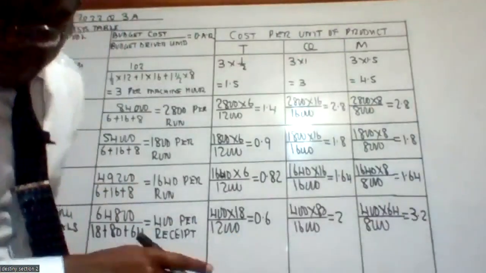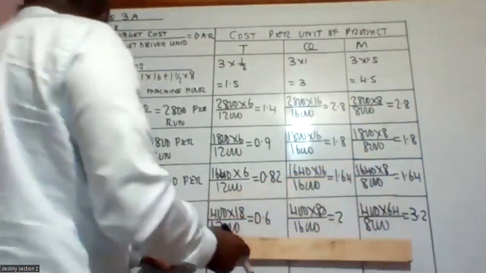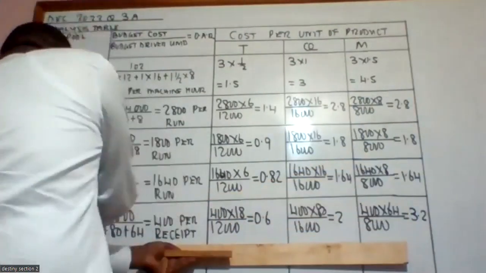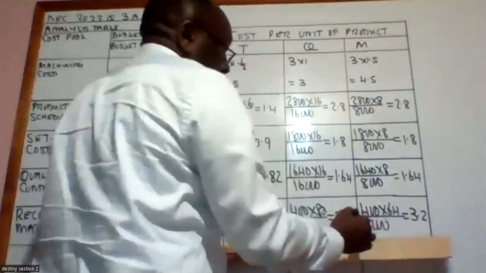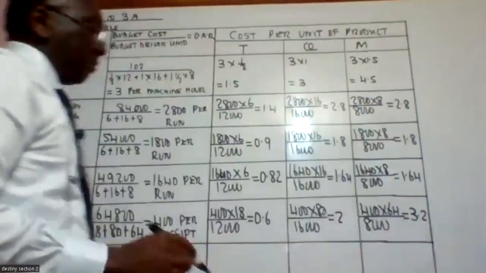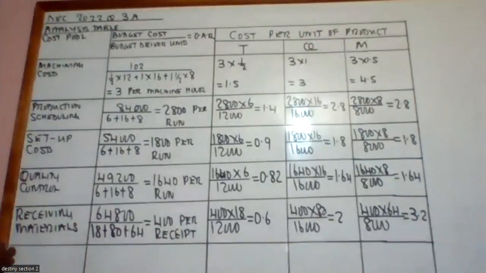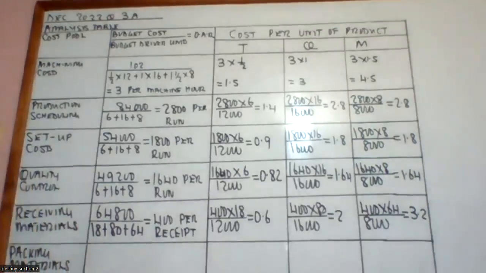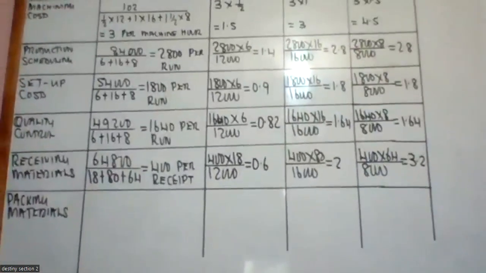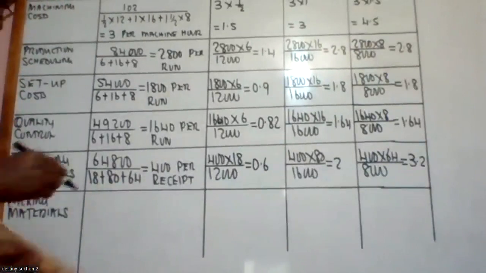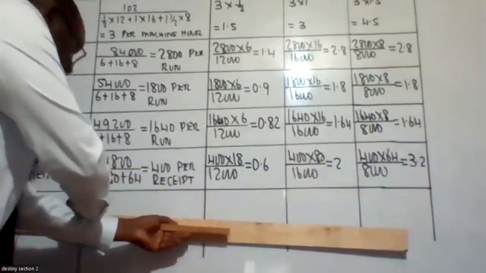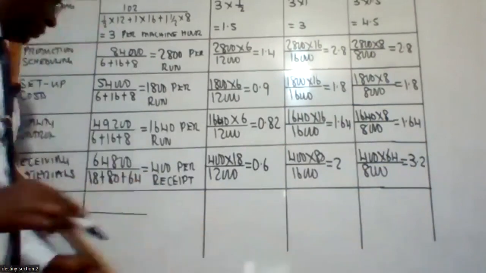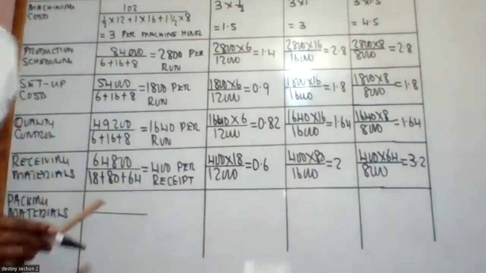The last one is packing materials. Now, packing materials. The costs will be $36,000.